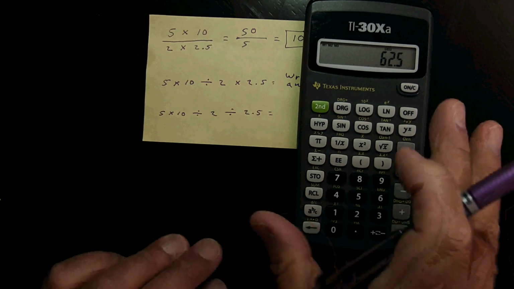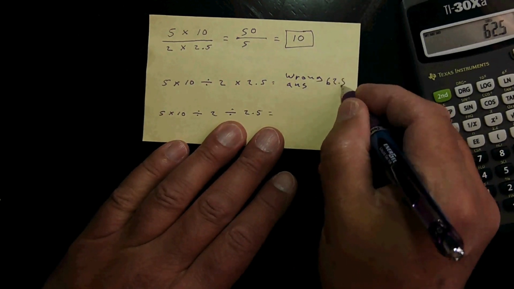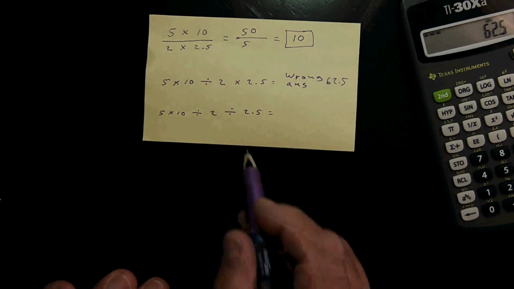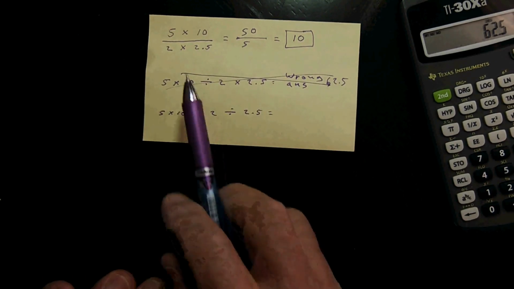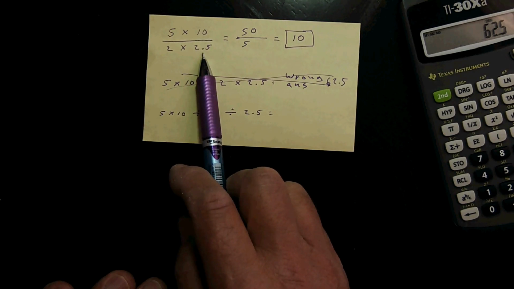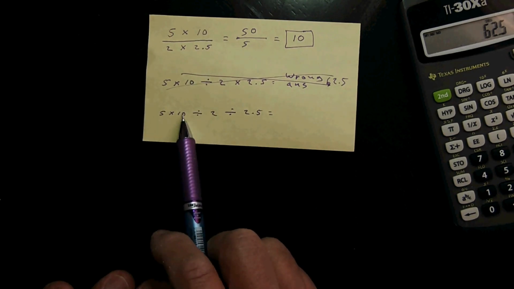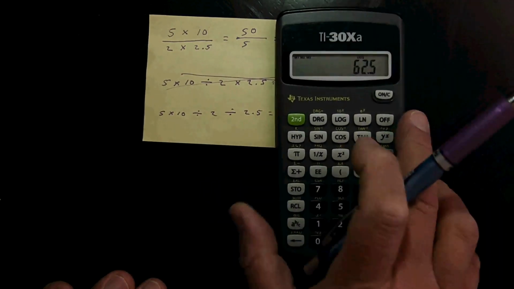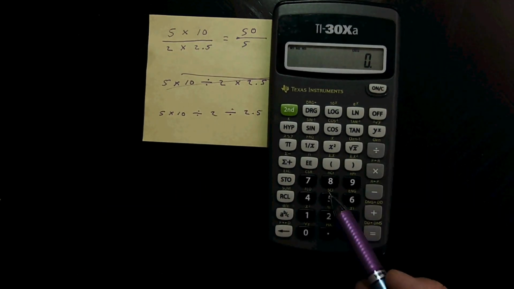If you do 5 times 10 divide by 2 times 2.5, you end up getting 62.5. Lesson to be learned, don't do it the wrong way. Do it the right way. If a number lives on the bottom, that number has to get divided into the top. So you can do it as 5 times 10 divide by 2 divide by 2.5.